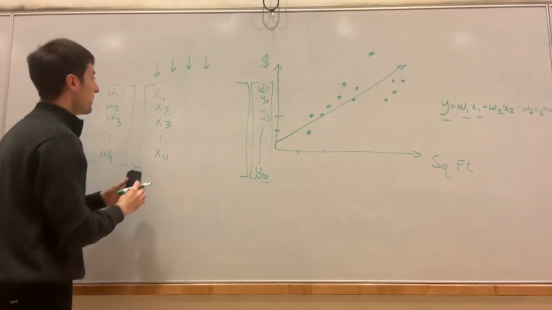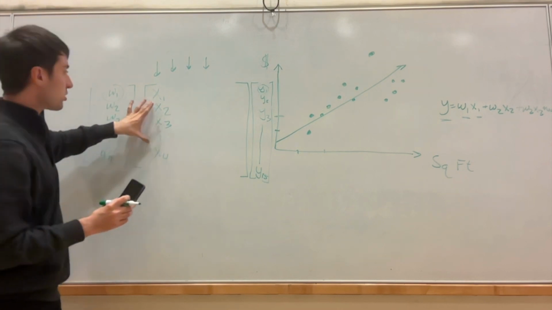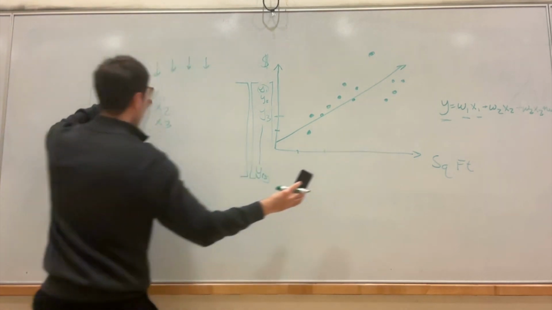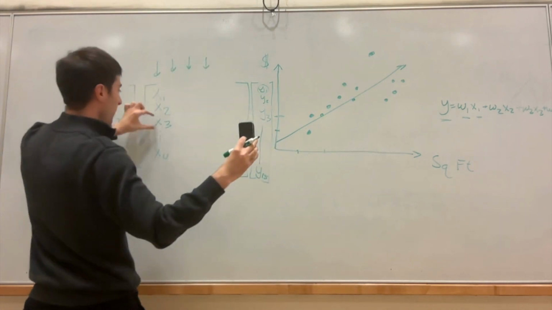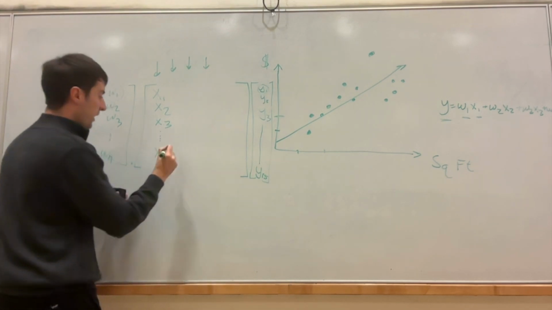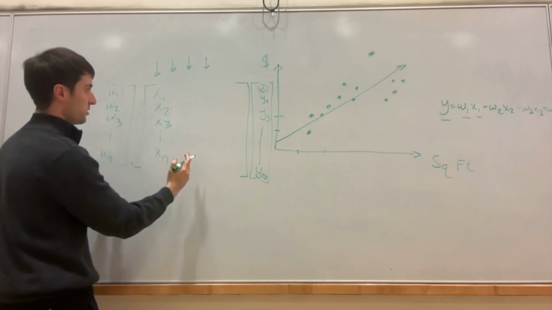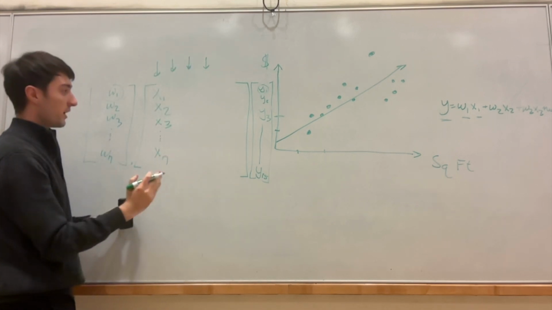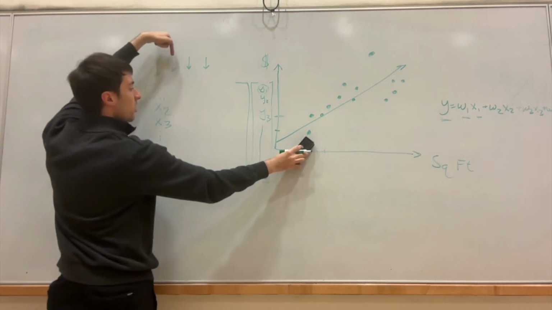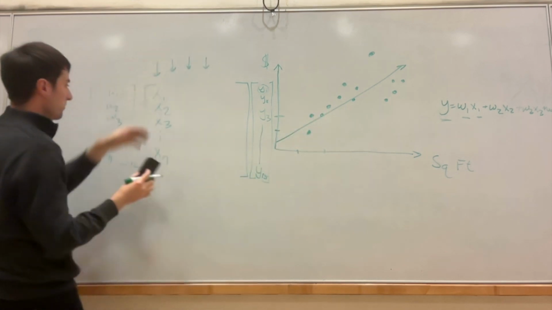Now, each of these is a corresponding input, up to xn. And each of these columns is a different training data point: this is for the first one, this column is for the second one, this column is for the third one, fourth one, okay?